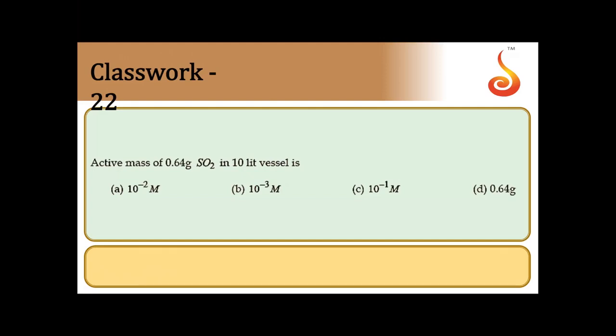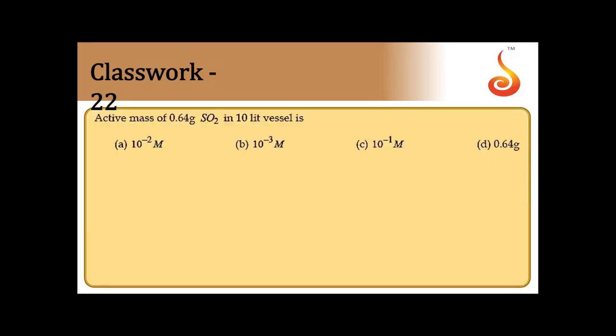Then, the active mass of 0.64 grams of sulfur dioxide in a 10 liter vessel. Active mass is being asked. Active mass means molar concentration only, expressed in terms of moles per liter. So number of moles means mass by molar mass: 0.64 by 64 gives the number of moles of sulfur dioxide, divided by volume, which is 10 liters.